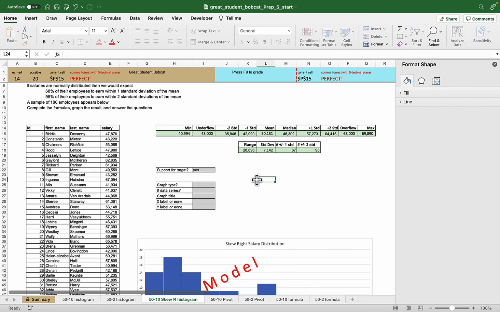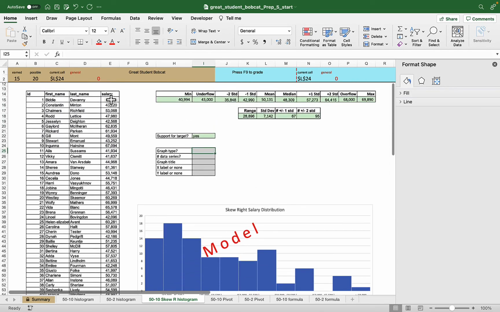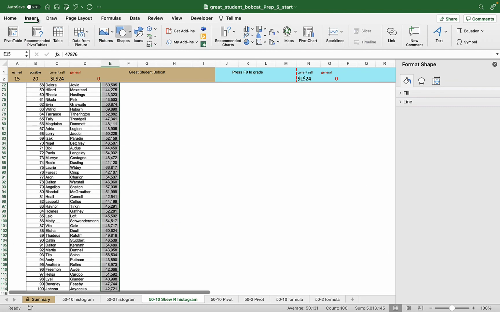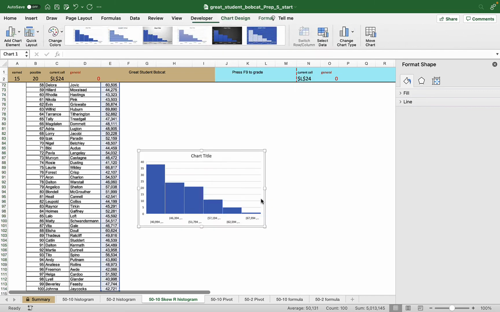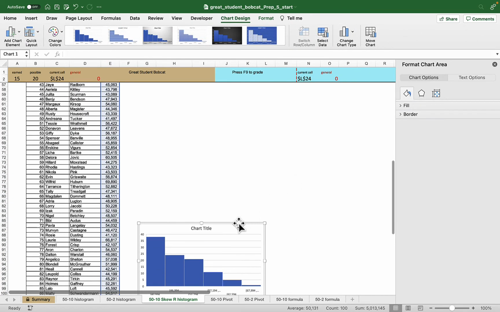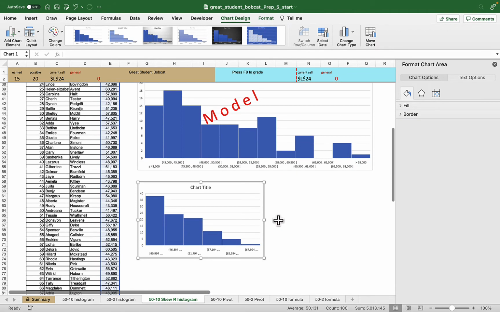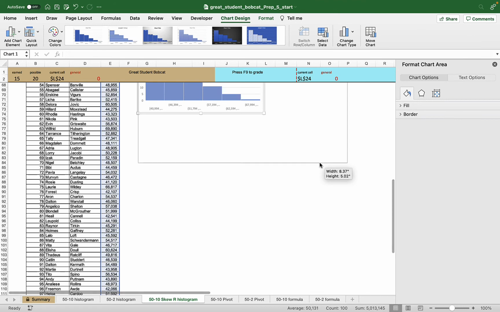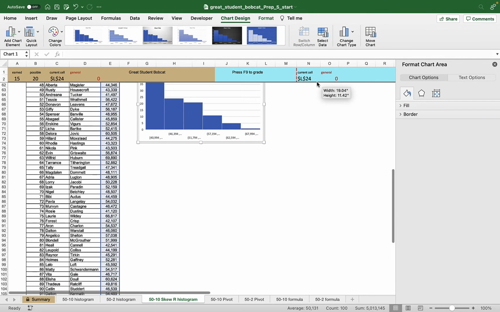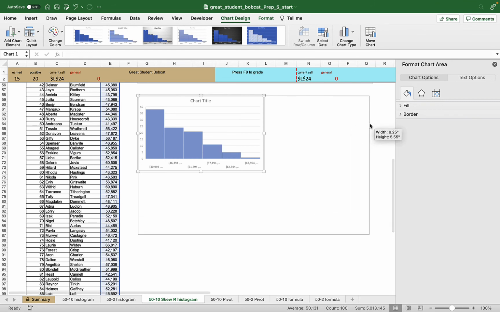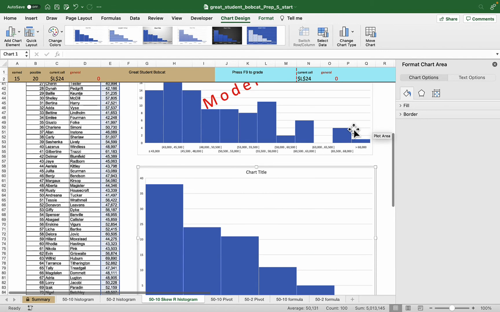All right, support for the target. Yes. All right, and the graph type is a histogram. Let's make the graph bigger.